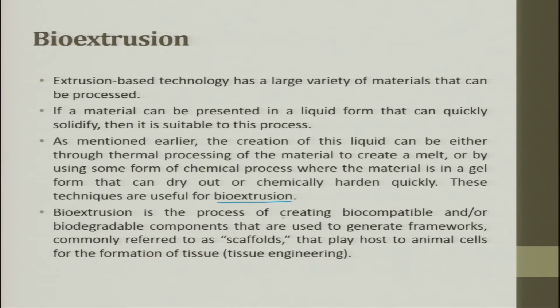Bio-extrusion is the process of creating biocompatible components, very interesting. If you see our body, our skin, tissue, they are all made out of polymers. Of course, the skeleton is there, but the covering layer will be polymers.